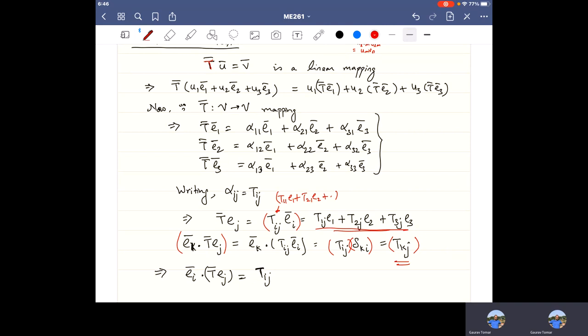We can write using the same thing, instead of writing k, we can choose the name i. So you can write ei dot T of ej would be just Tij, correct?